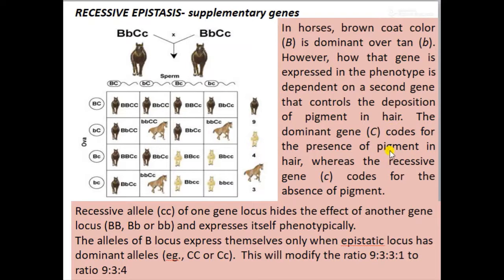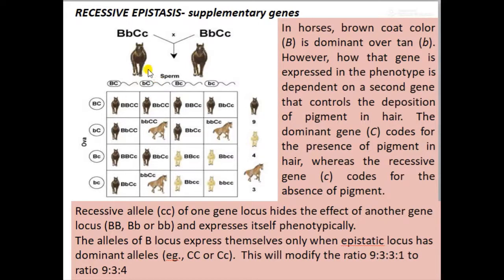The C gene is the one which is controlling the pigment in the hair. And if small letter c is present, there is an absence of the pigment in the hair. Though the C gene controls the presence of pigment in the hair of the horse, you can see that it is in turn also controlling the coat color of the horse.